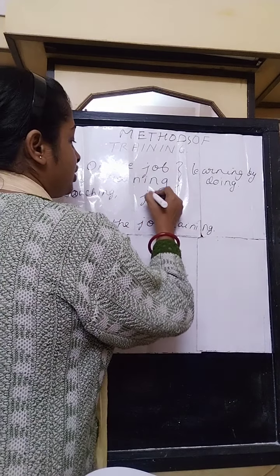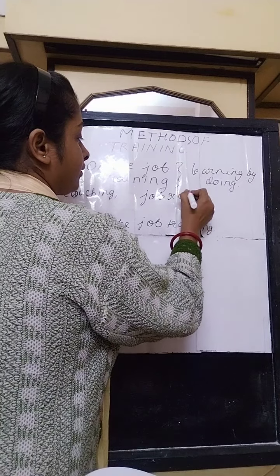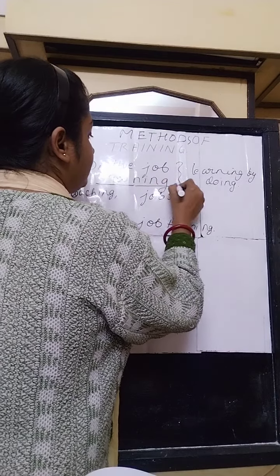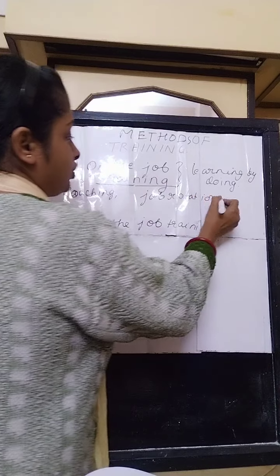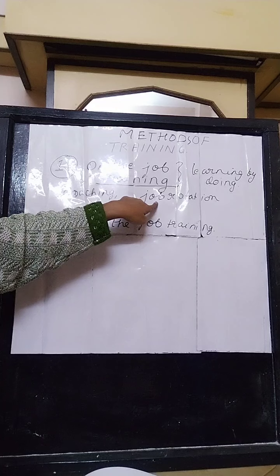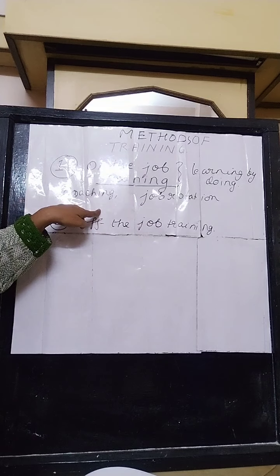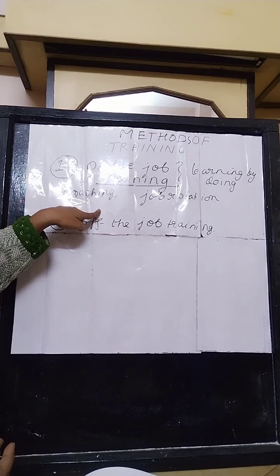Apart from coaching, there is job rotation. These are the different types of on-the-job training. Now, what is coaching? An employee is trained on the job by his immediate superior. The superior teaches job knowledge and skills to the subordinates.